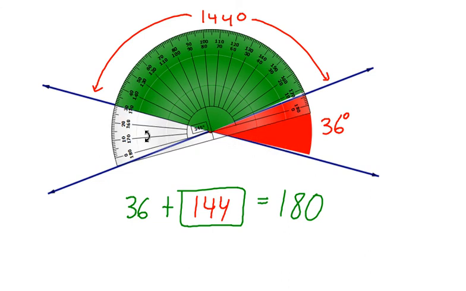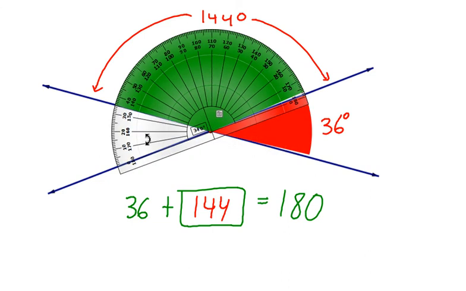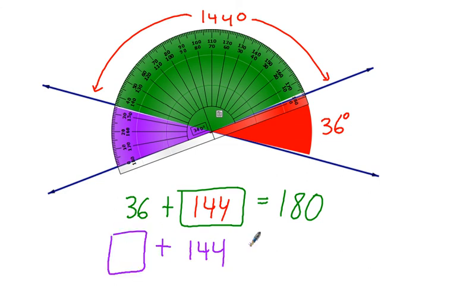Let's now swivel over to here, and we can see that together with the green angle, this purple angle also completes a half turn. And so if we take the green angle, which is 144, and add in the purple angle, we should get a half turn or 180 degrees. Well, didn't we just do this math problem? The answer is right in front of us.